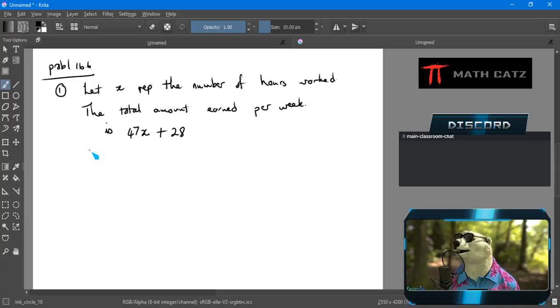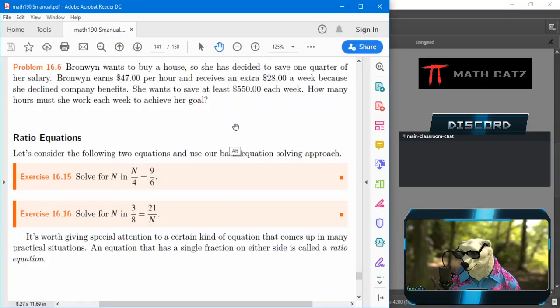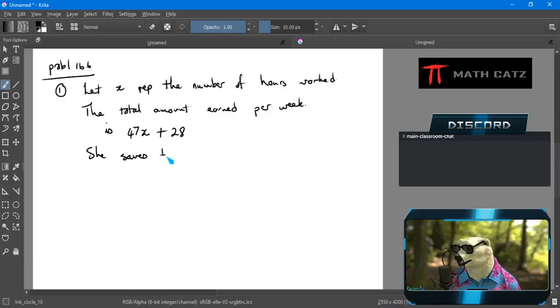So that means that she saves, per week of course, what? They tell me she wants to save 1/4 of her salary. So 1/4 of her salary. And slowly we're inching towards the full translation.